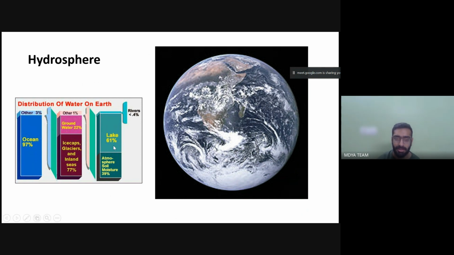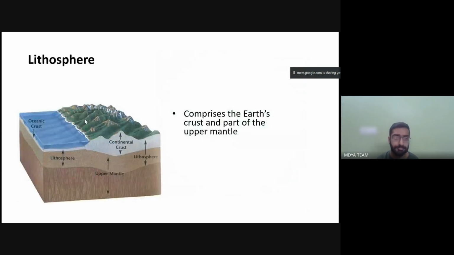So less than 0.4% is the rivers, the actual amount of water in the form of rivers. Okay, so it's like this.